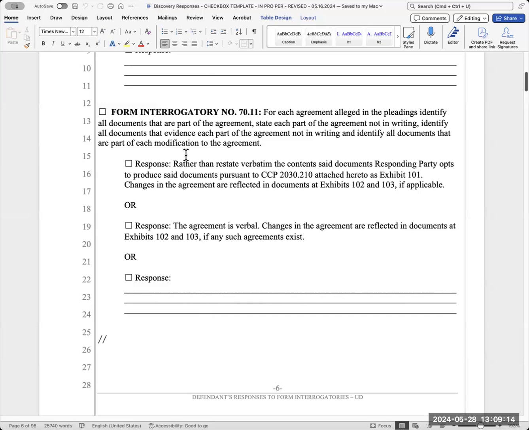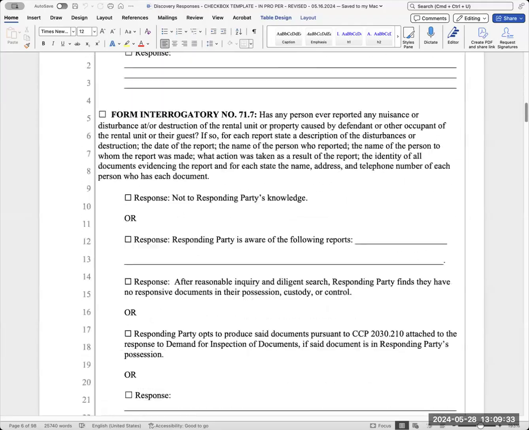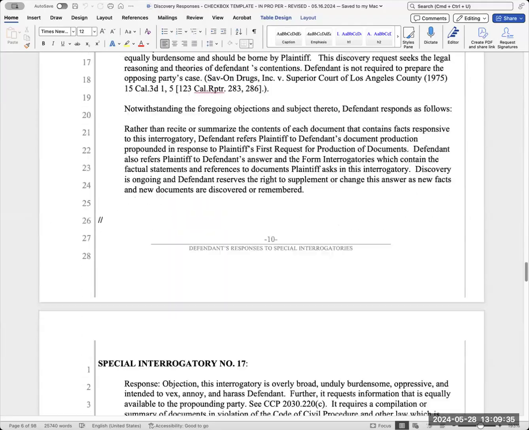You produce that evidence as Exhibit 102 is rental payments. Exhibit 103 is written communication between you and the landlord and or property manager. And you can see these exhibits, right, at the end, in the request for production of documents.